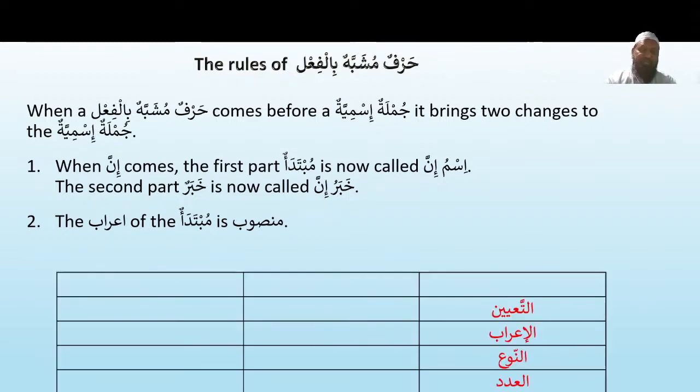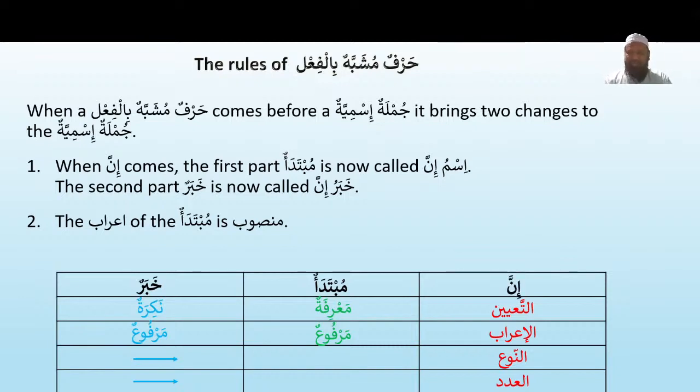So we'll have loads of examples and we'll understand how this works. Again, let's go through this chart. A normal jumla ismiya, we need to apply these 4 properties of ism to mubtada and to khabar. At-ta'yin: mubtada is generally ma'rifa, khabar is generally nakira. Al-i'rab: mubtada is marfu', khabar also marfu'. And now khabar will agree with mubtada in gender, and in number khabar will agree with mubtada.